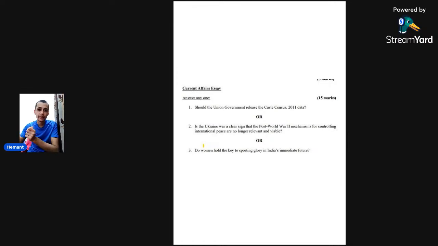For example, multiple resolutions were passed in the United Nations during this time, and those resolutions were backed by different countries. You can use that to show that the United Nations is doing its work. These are the different ways in which you can structure those things, and then you can conclude it off. That's the general essence of how an essay should look.